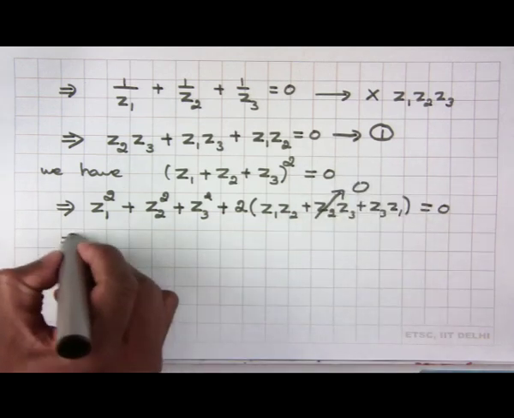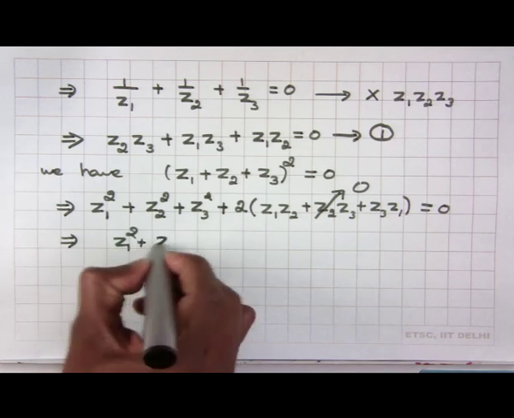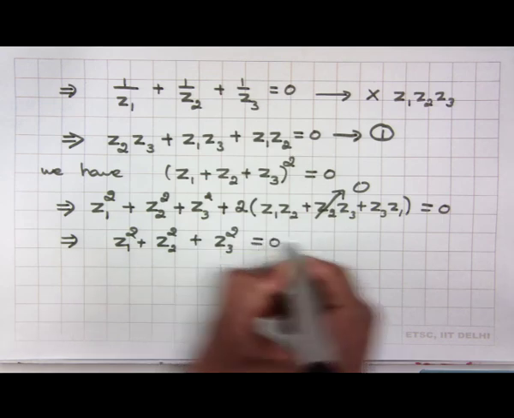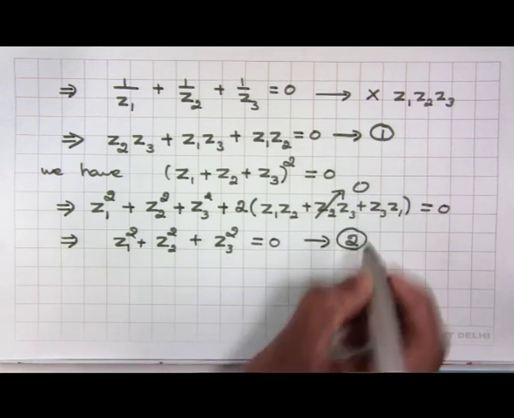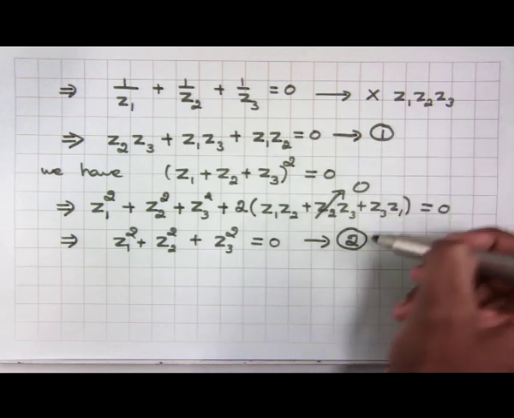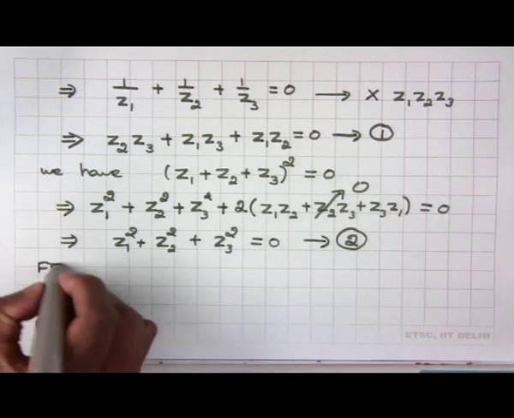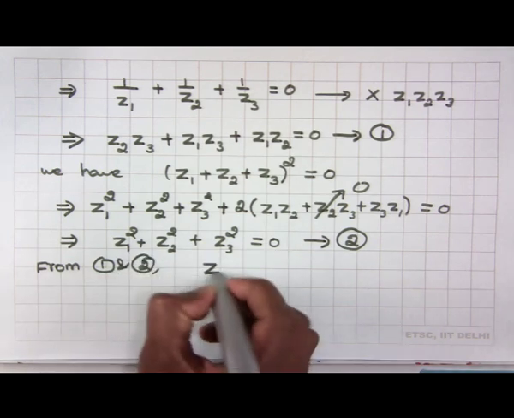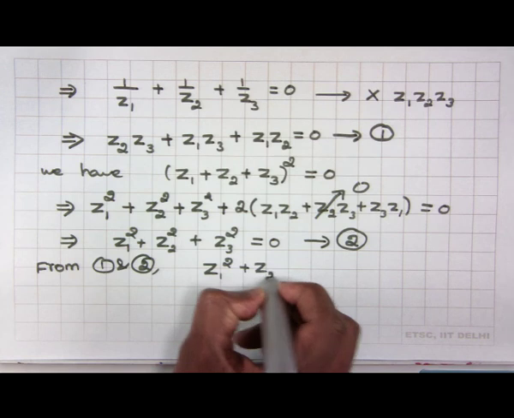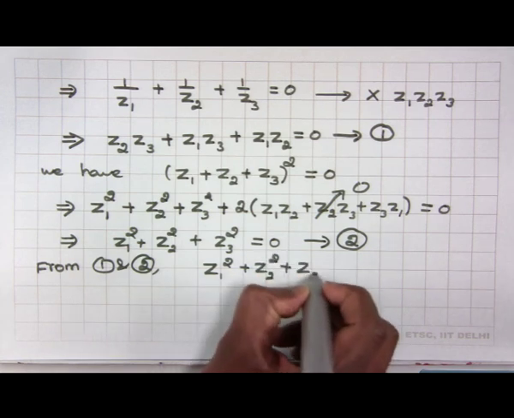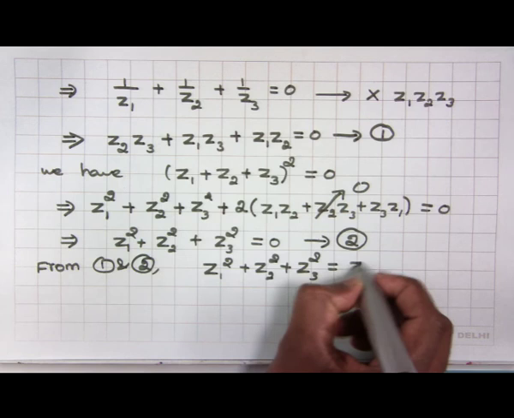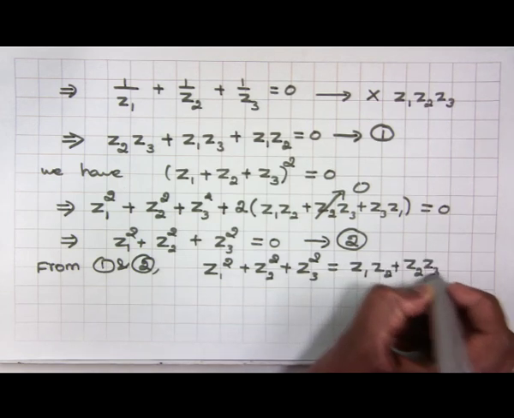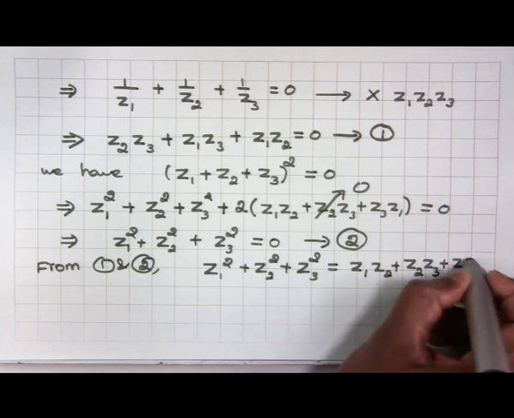So, we get that Z1 square plus Z2 square plus Z3 square is 0. Let us call it equation 2. From equations 1 and 2 we see that Z1 square plus Z2 square plus Z3 square is equal to Z1 Z2 plus Z2 Z3 plus Z3 Z1.